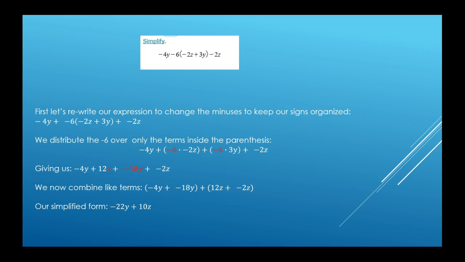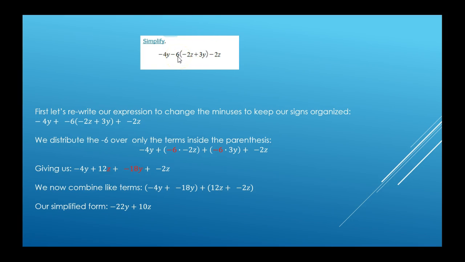Okay, so it looks intimidating, but take it one operation at a time. Parentheses first. We can't do anything inside those parentheses. So we go to our next operation, which is multiplication, right? We have a minus here and a minus here. But this 6 over parentheses is multiplication.